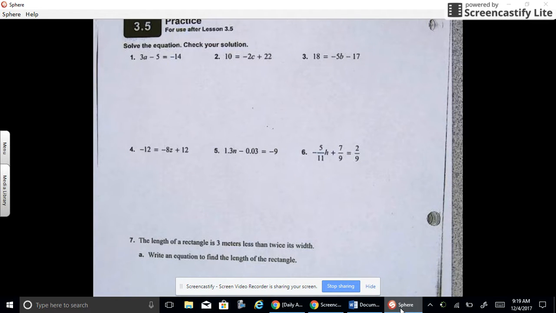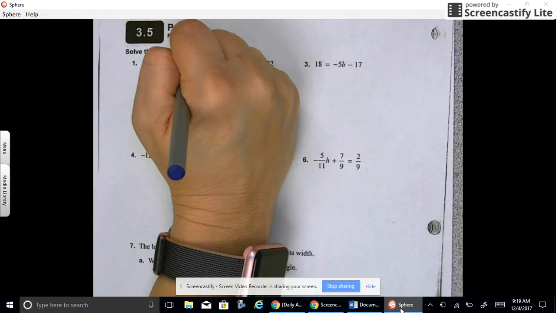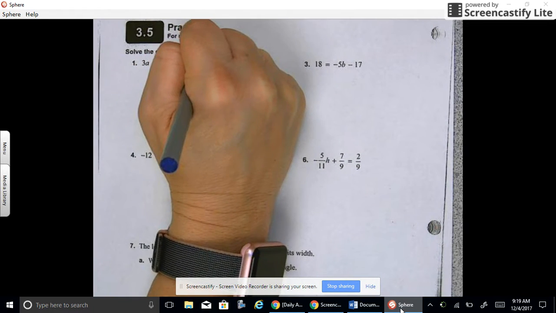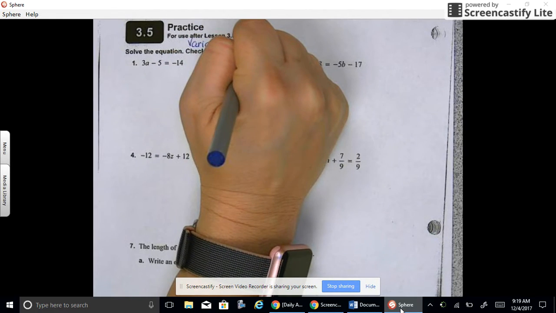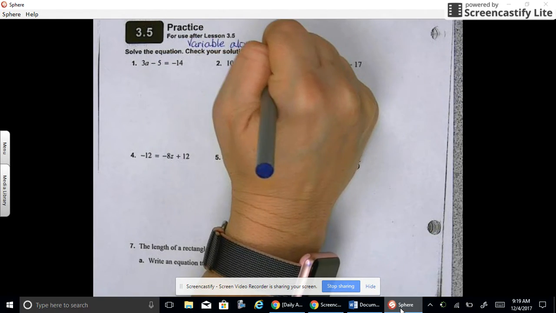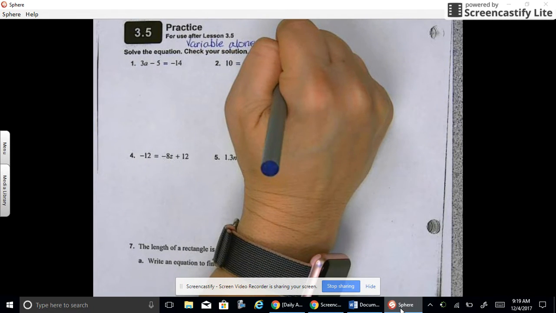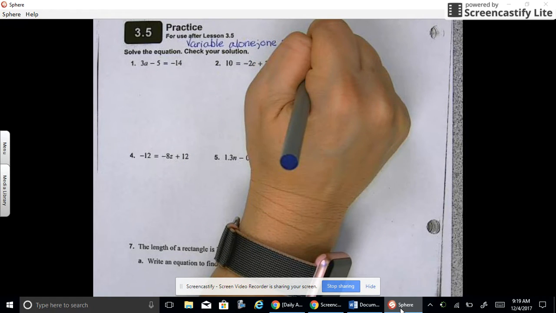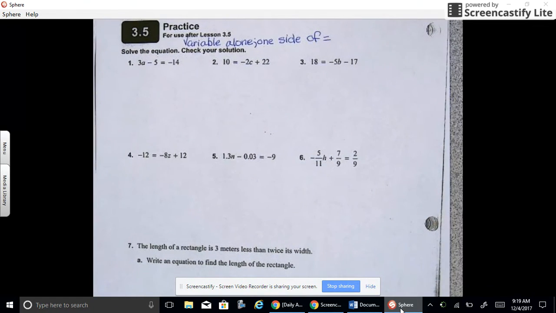Okay, so this is a 2-step equation, right? Our ultimate goal is to get the variable alone on one side of the equal sign, right? So what's our variable in the first problem?